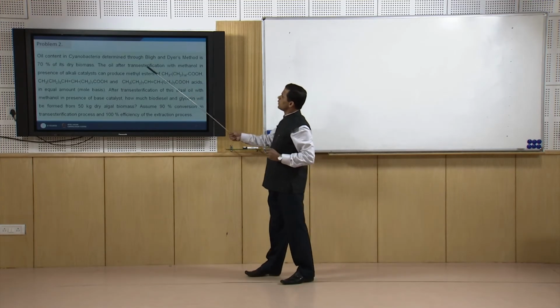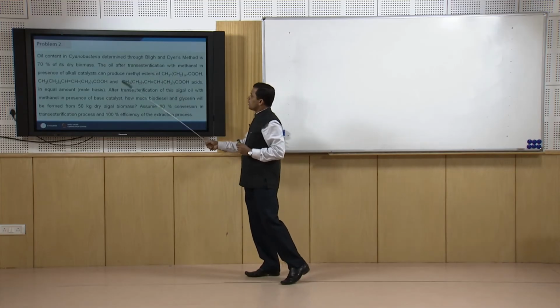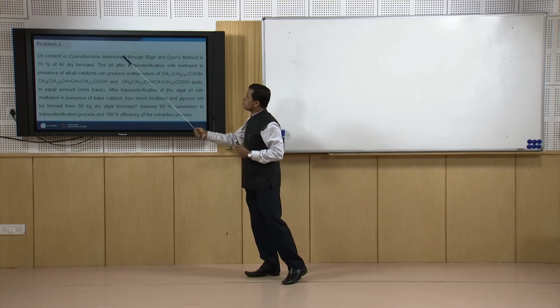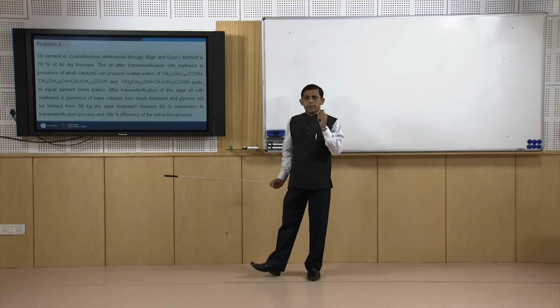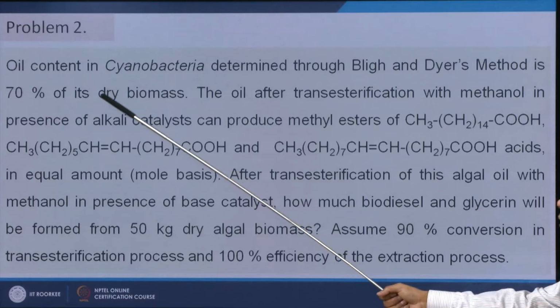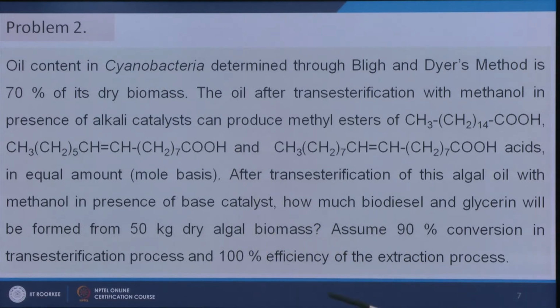In this case, the dry biomass of the microalgae is given, that is 50 kg. It has only 70% lipid. So, 70% of this biomass can give us the oil because 100% efficiency is given. So, that we will find out, then the other part will be similar to the previous one.